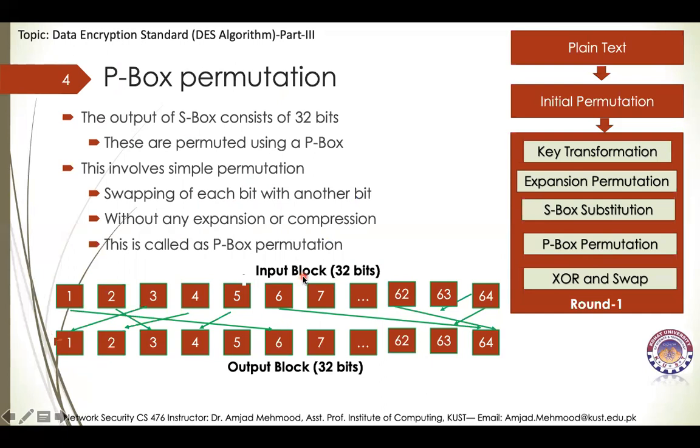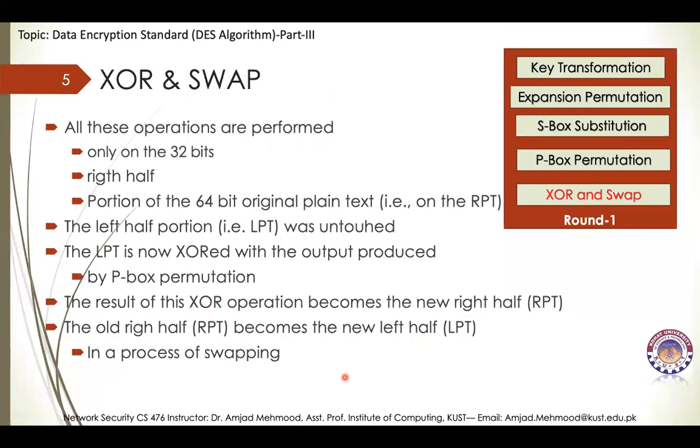You pass a 32-bit input block where each bit is replaced with some other bit, like one is replaced with sixth, fourth is replaced with second, second is replaced with third, and so on. So finally you get the permuted output in 32 bits, which is passed to the XOR and swap level.